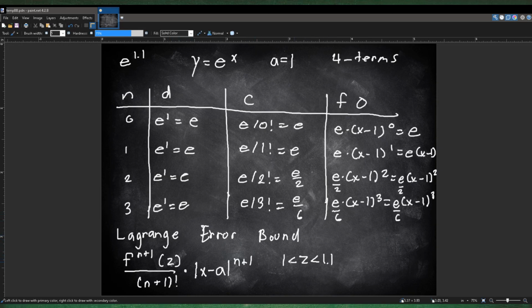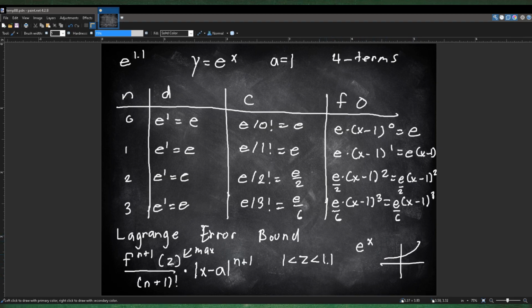The reason we have this here is because f of n plus 1 is basically you're just looking for the maximum number in that equation. So we have the equation e to the x. What is the maximum value of e to the x if you only restrict it to between 1 and 1.1? Well, the exponential looks like this, right? So as z increases, the maximum is at 1.1.